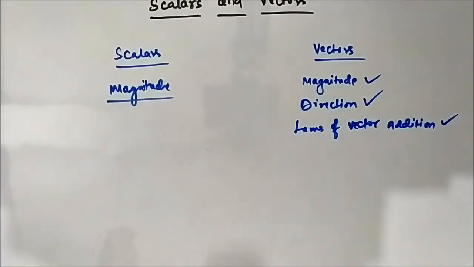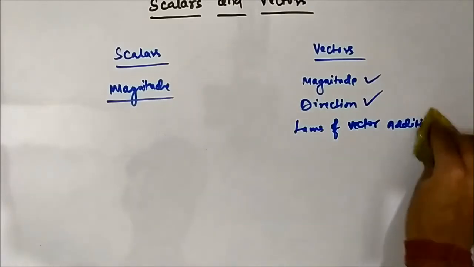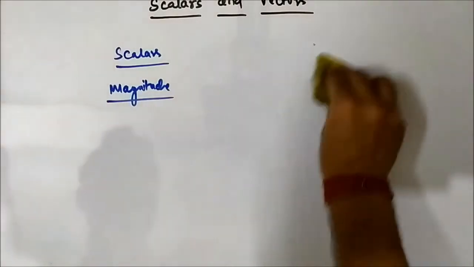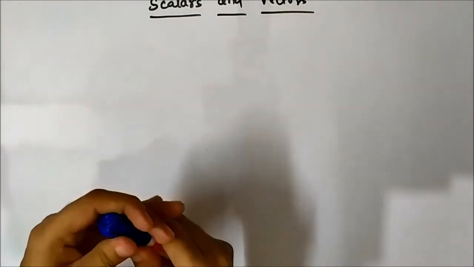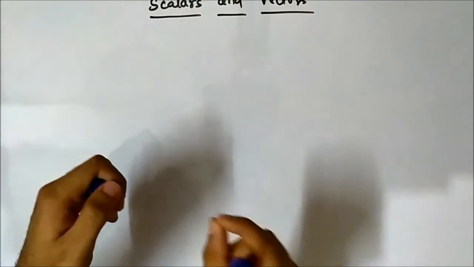Of the previous video. In this video we are going to discuss the representation of vectors and some other important points associated with it. So any vector quantity, how is it represented?